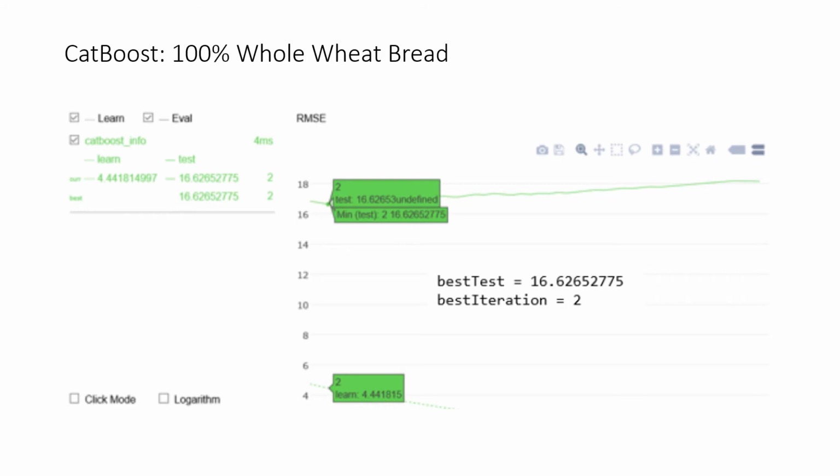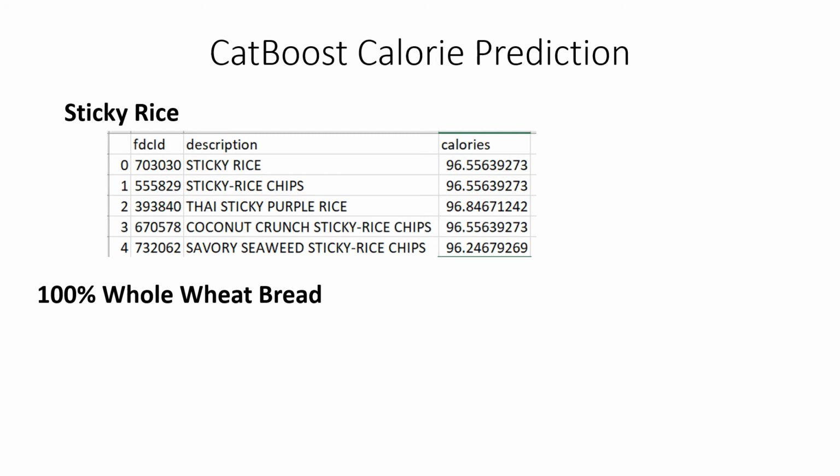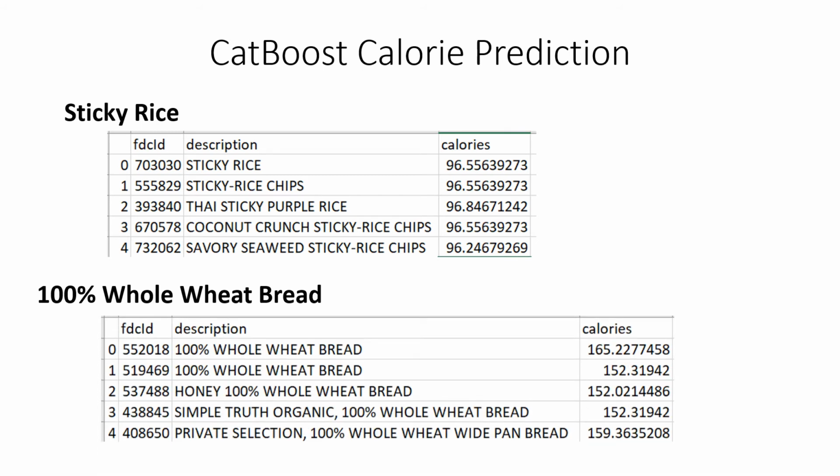Then I ran the CatBoost prediction model. This time I decided to run it to see if it can predict the calories for sticky rice and 100% whole wheat bread. It came out with these values for sticky rice, which is within 96 to at most 97 calories. And for whole wheat bread, it was roughly a mixture of 152 to up to 166 calories.